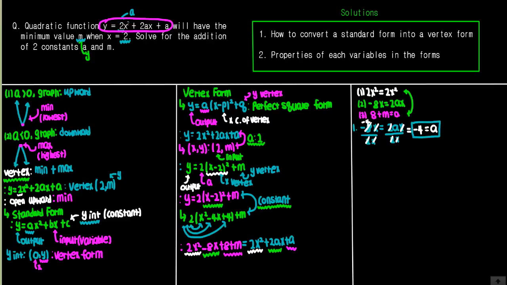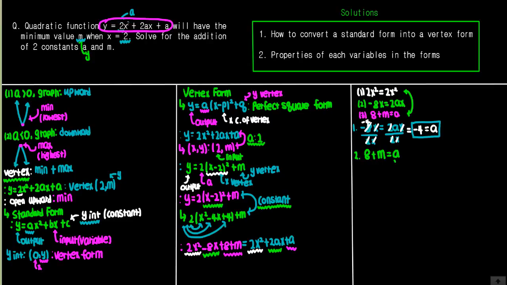And the only reason why we could do this is because there is information that they're equal. So for the second one, 8 plus m is equal to a. But we know that a value is equal to negative 4.